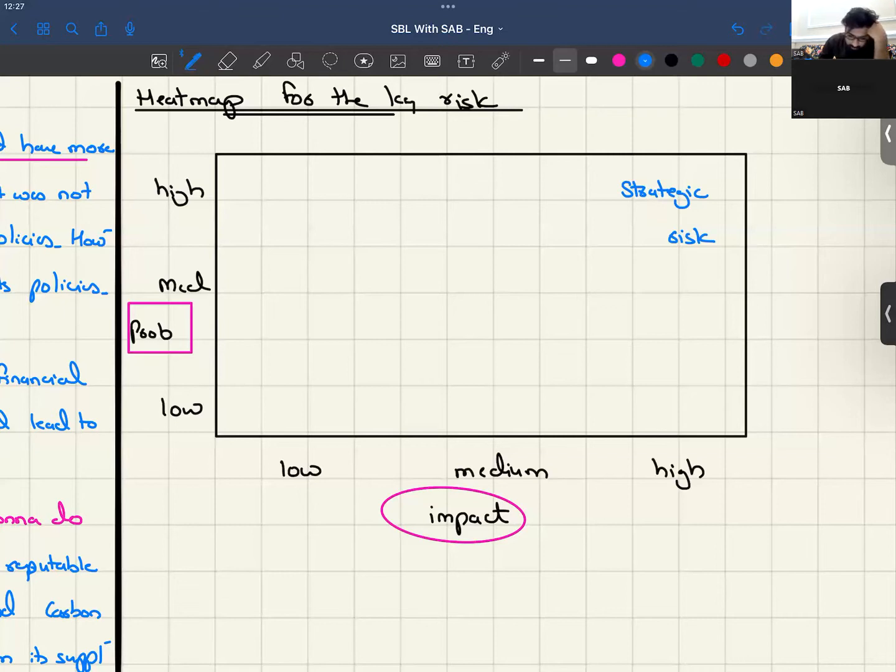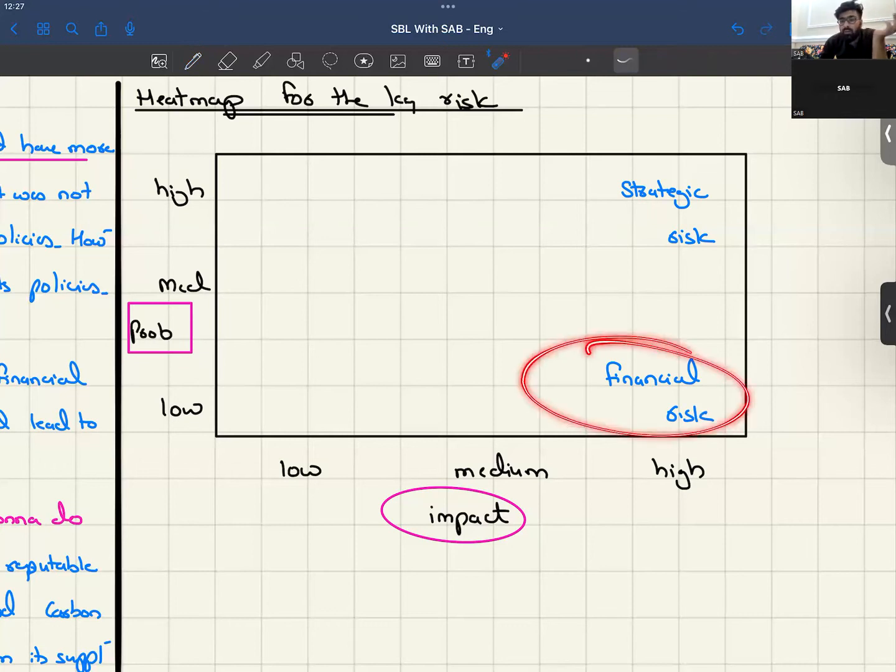I would keep financial risk here: its impact is going to be high, but probability seems low, as the numbers are not too bad. Although they are on a declining trend in the financial capital of integrated reporting, they are not that bad, so probability is not that high.